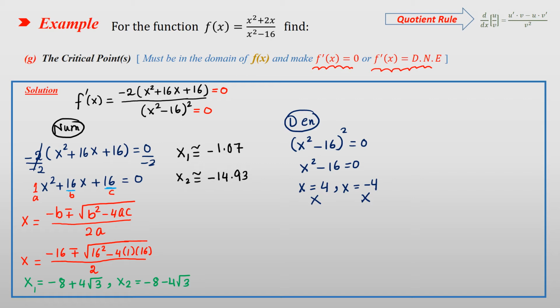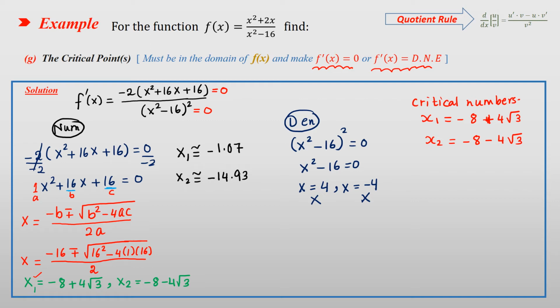So we have the critical numbers x1 equals negative 8 plus 4 square root of 3, and x2 equals negative 8 minus 4 square root of 3.